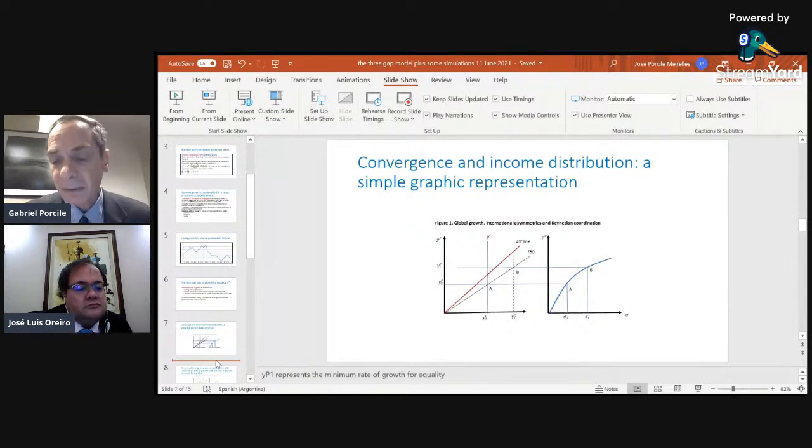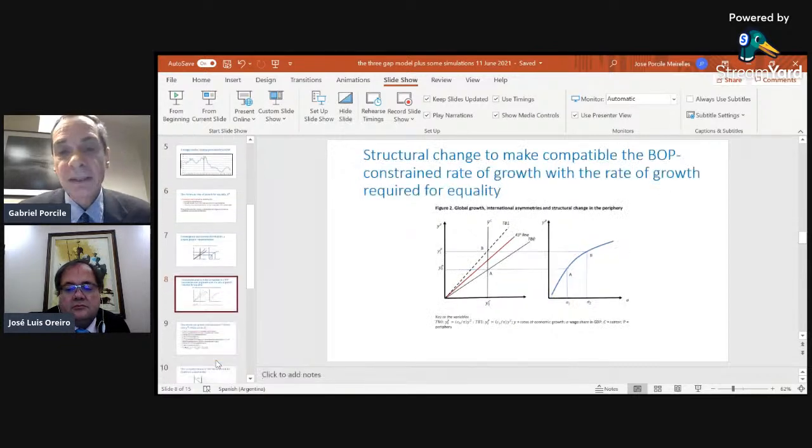If we go for equality, we need a wage share defined by point B on the graph on the right. So we need structural change to shift the schedule of the balance of payments constraint from TB0 to TB1.